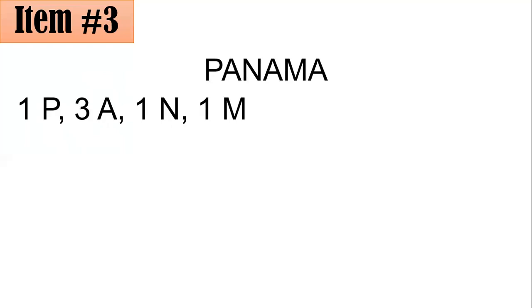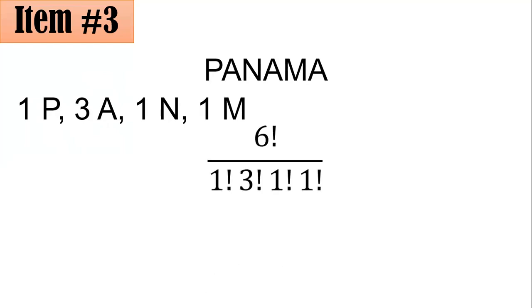From here, we could see that there's 1 P, 3 A's, 1 N, and 1 M. Since you have a total of 6 elements or objects, what we can do is divide the factorial of 6 by the factorial of the number of times a certain element is repeated. So there's 1 P, that's why 1 factorial.